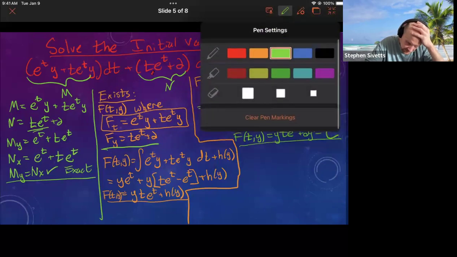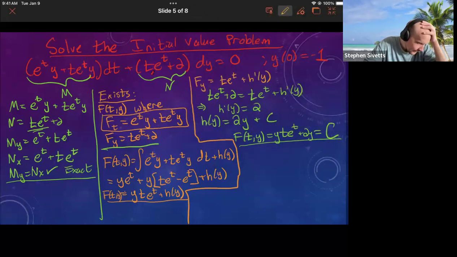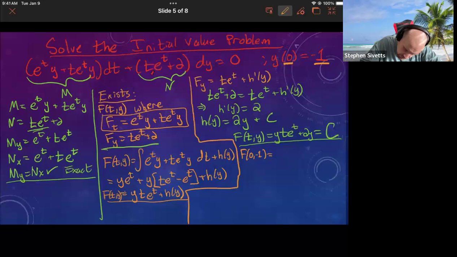Now the particular solution, right, this is where if t is 0, y is -1. So the initial condition is 0, -1. So we'll have a -1. Oh, I'm sorry.